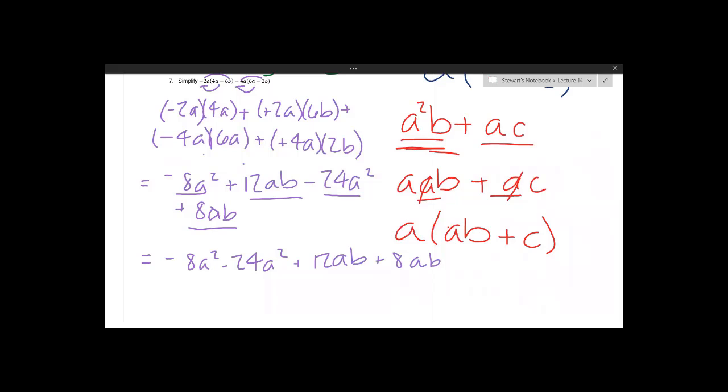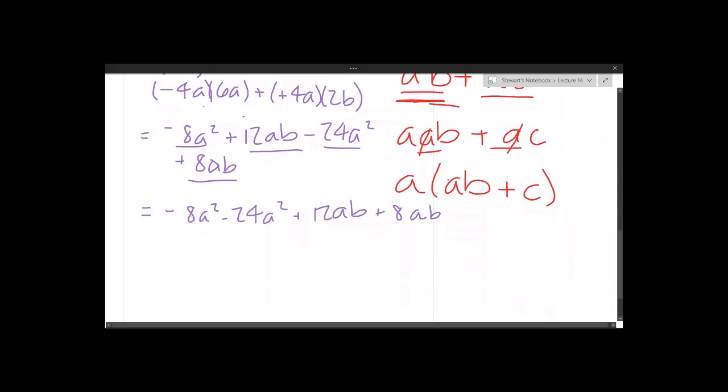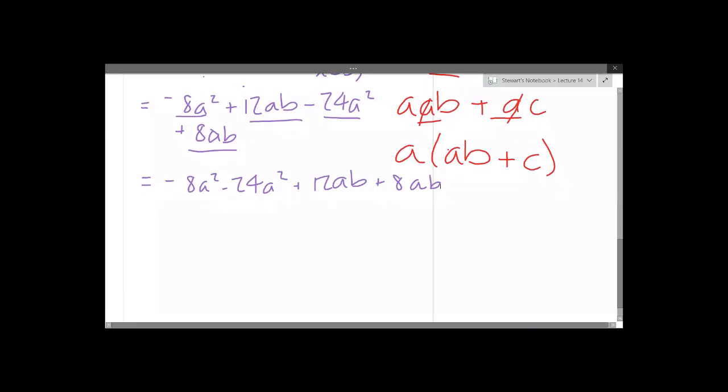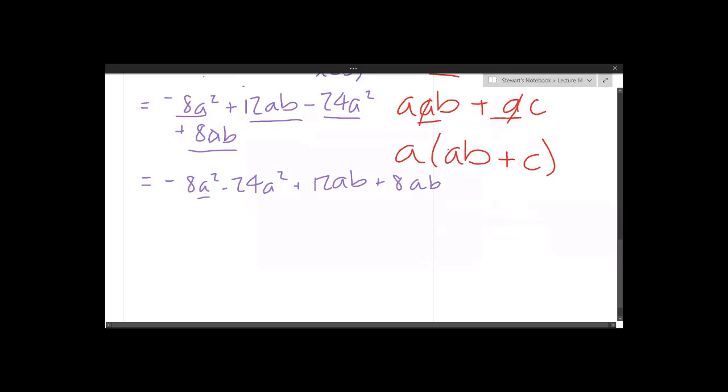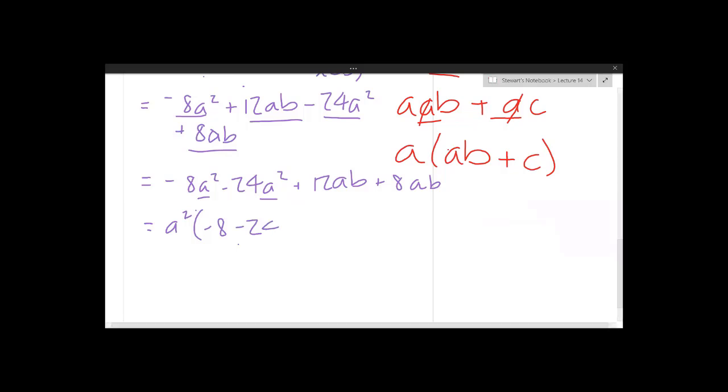And just to reinforce the idea that factoring can work just as well for combining like terms, we know we have the a squareds both here. So if we factor out the a squared, we have a squared times negative 8 minus 24, because that's what's left, plus ab times 12 plus 8.